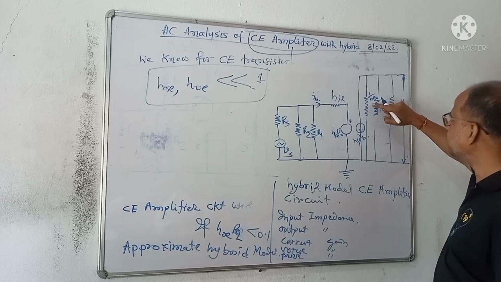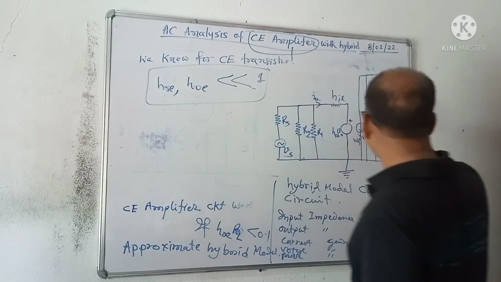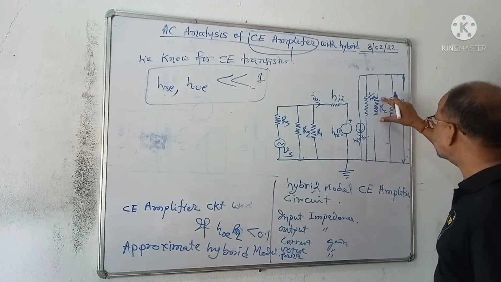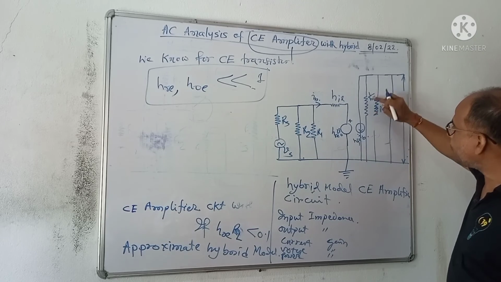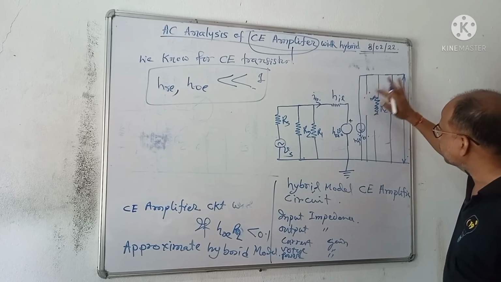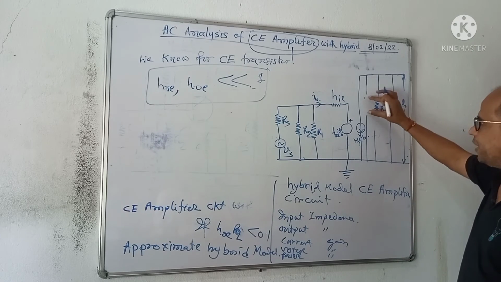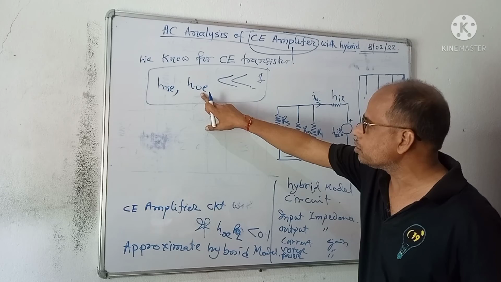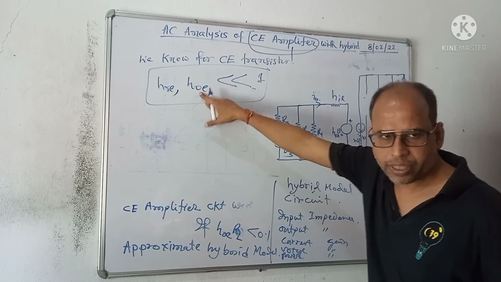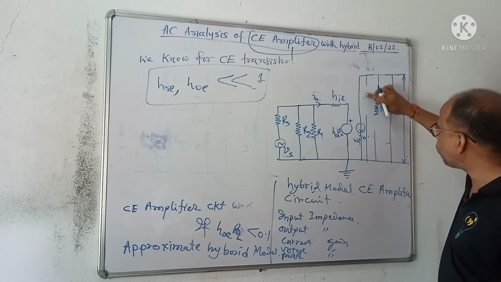HOE is very small, therefore 1 by HOE is very large, means infinite. Infinite means open.